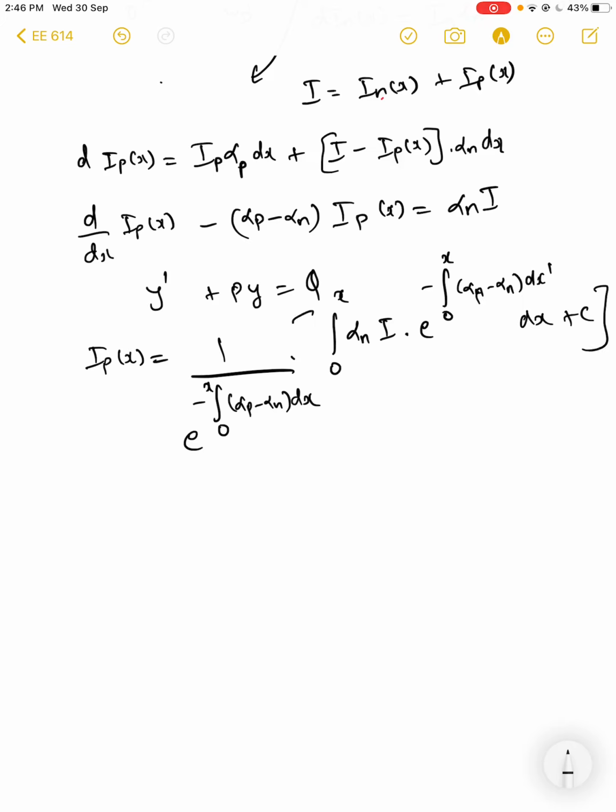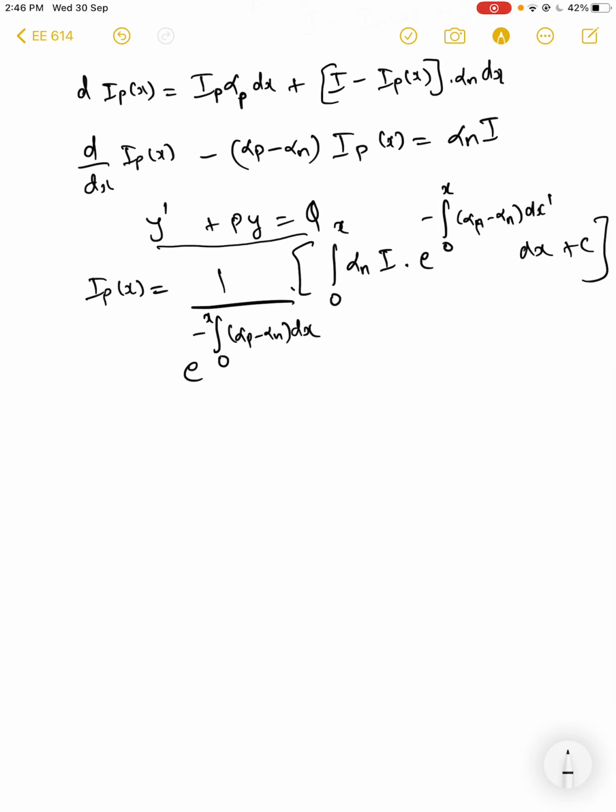See, this is a general solution for a first order equation of this particular form. You must have seen this previously in your mathematical courses, right? So this is the solution for the whole current in the depletion width at any point x from the edge of the depletion width, right?